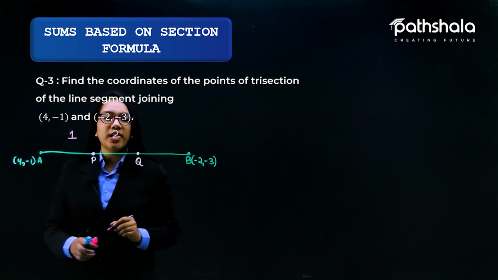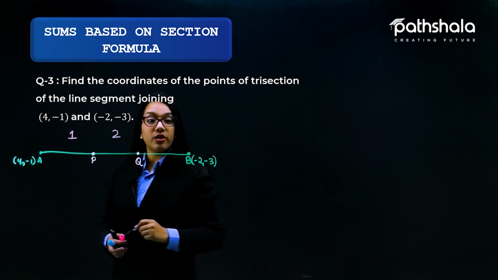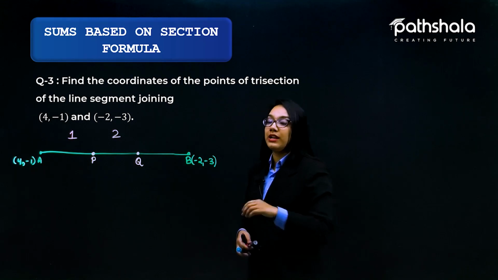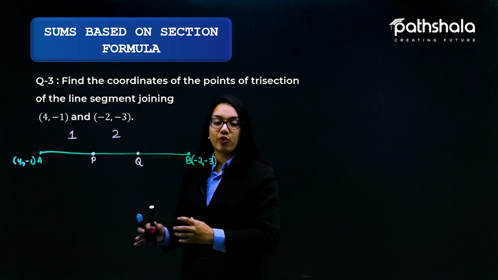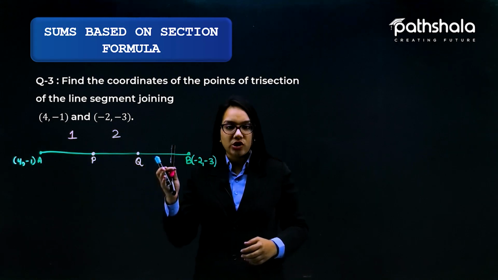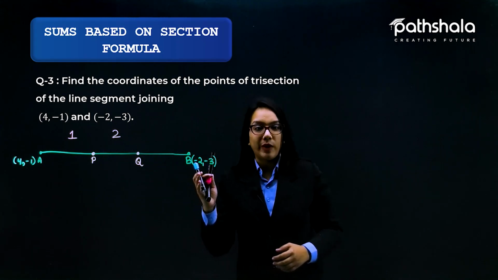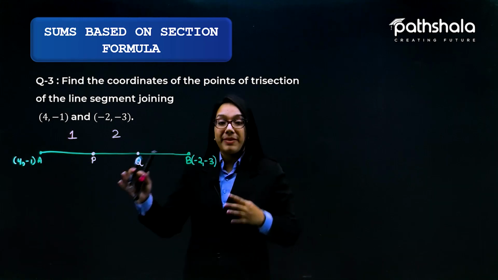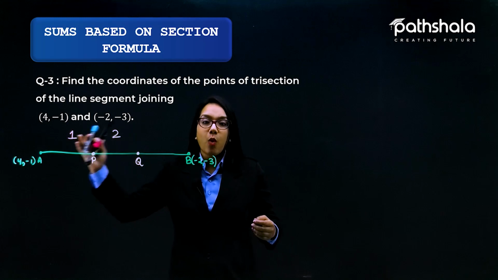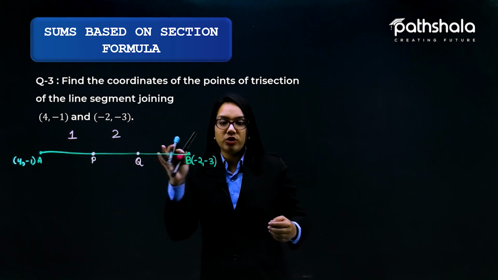The point P is lying 1 section from point A and 2 sections away from point B. So P is dividing the line segment AB in the ratio 1:2.